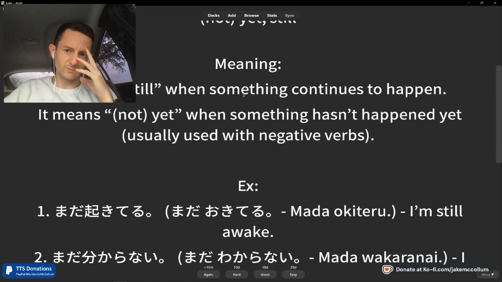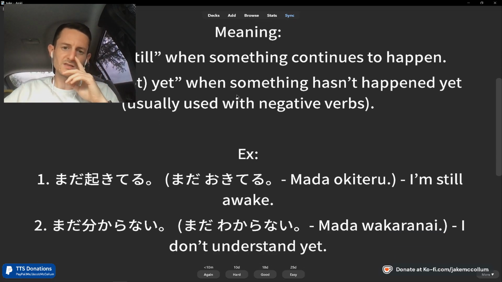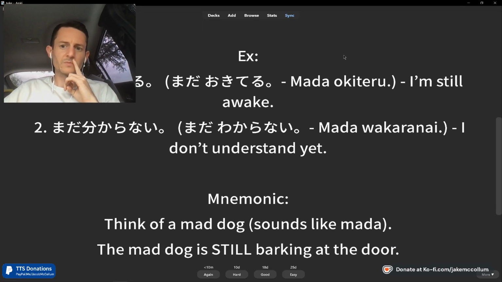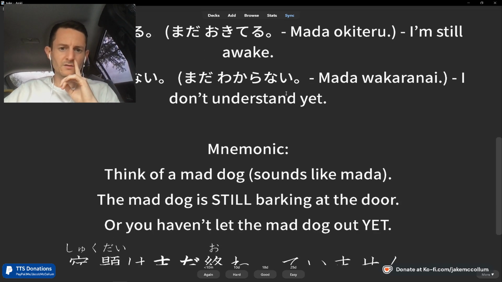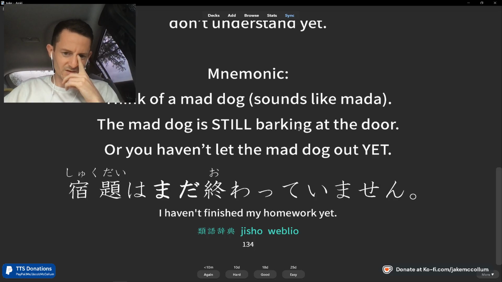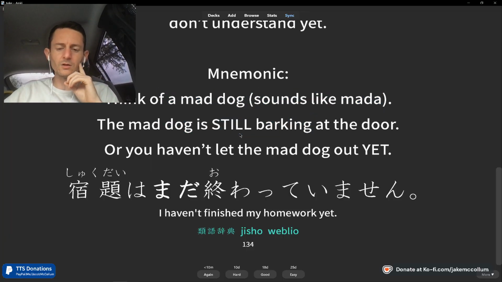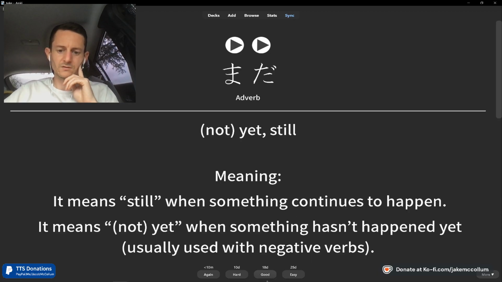It means still when something continues to happen. It means not yet when something hasn't happened yet, usually used with negative verbs. Example: Mada okiteru. I'm still awake. Mada wakaranai. I don't understand yet. Or I haven't finished my homework yet. Think of a mad dog. Sounds like Mada. The mad dog is still barking at the door, or you haven't let the mad dog out yet. Mada. Good.